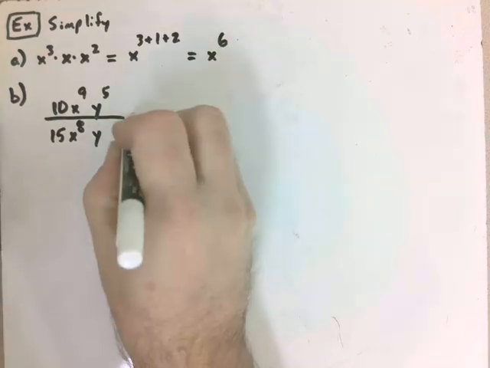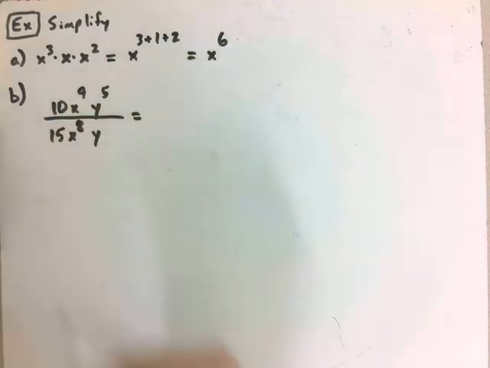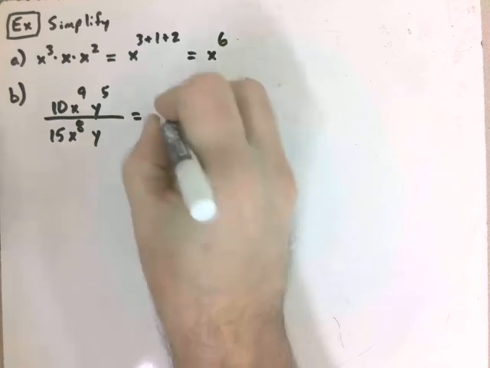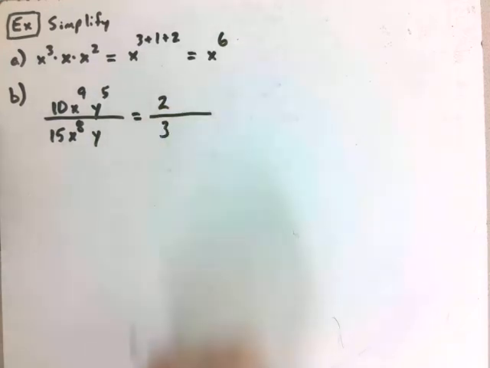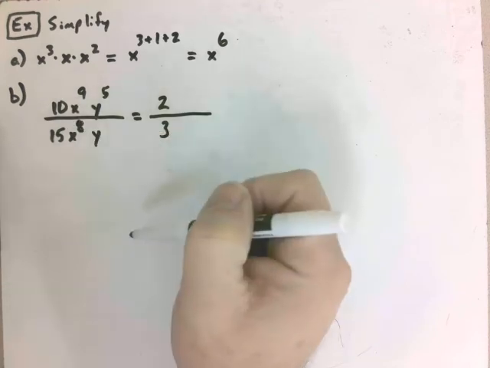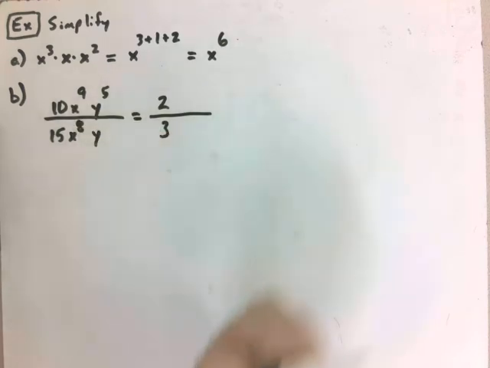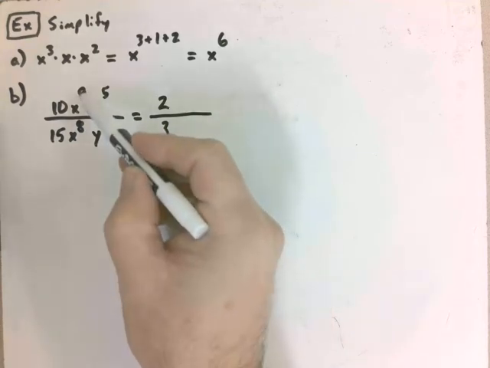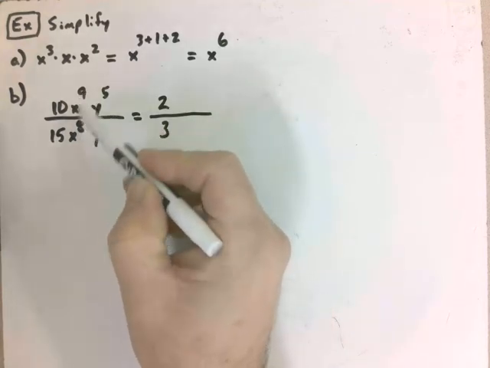So first, we have 10 over 15. If you reduce the fraction 10/15, that would reduce down to a 2/3. Next, we have some x's on the top and the bottom, and if you're dividing like bases, you subtract the exponents. You can subtract two different ways. We could do the top minus the bottom, or the bottom minus the top.